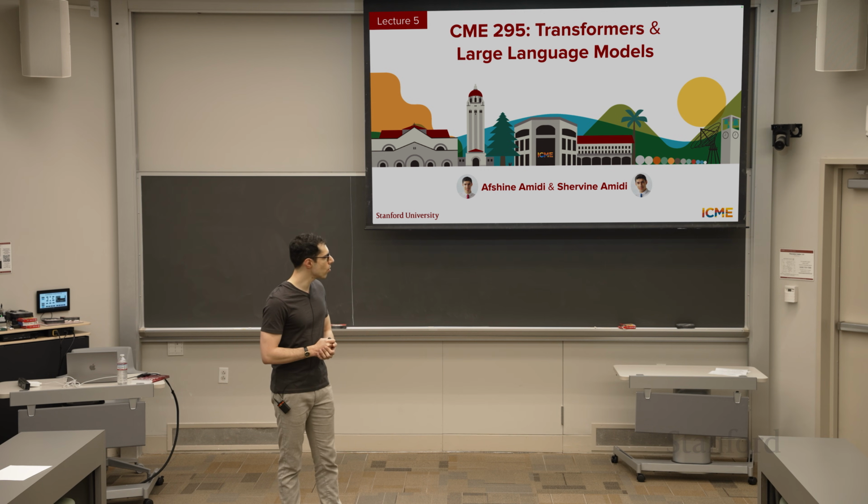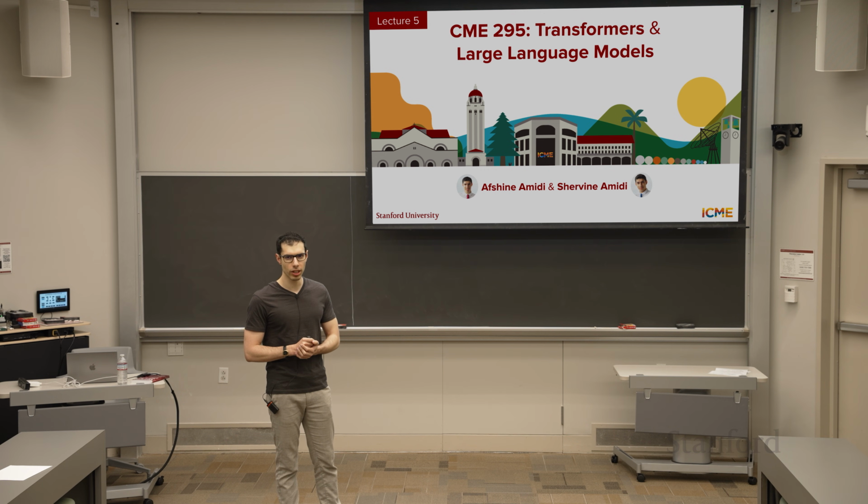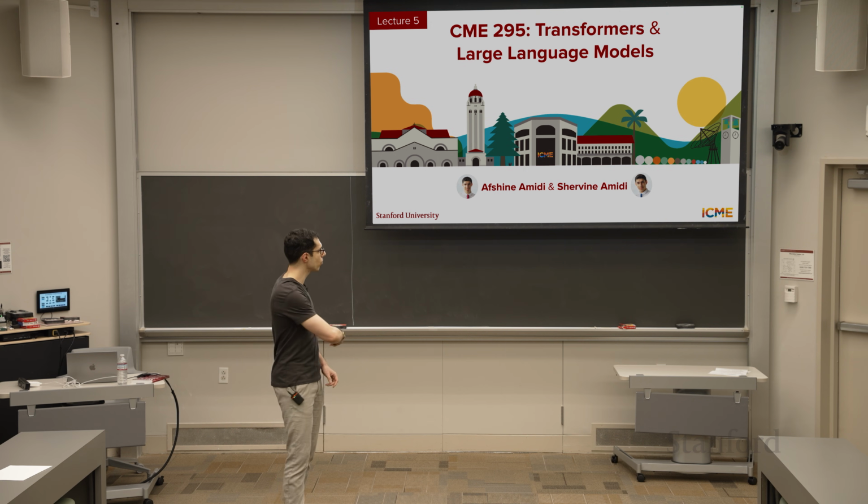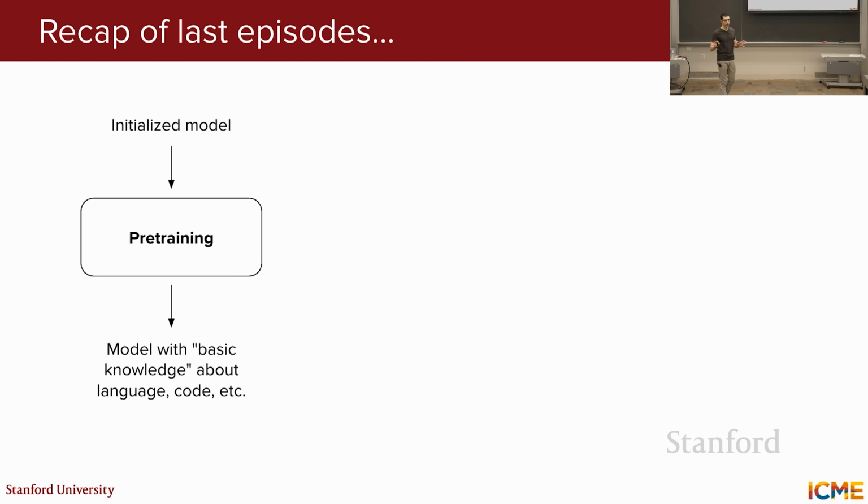Great. So with that, we're going to start the lecture. Today, we're going to talk about LLM tuning. As usual, we're just going to recap what we saw last time. Last time was already 2 weeks ago, but we talked about how to train an LLM. In particular, we looked at 2 important steps.